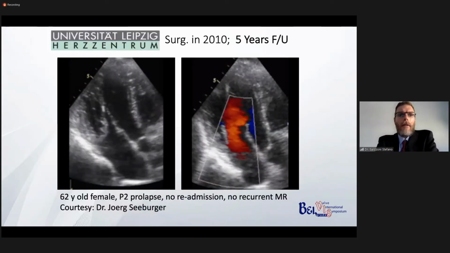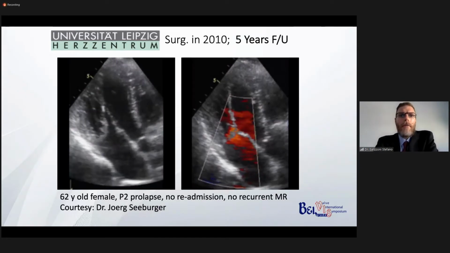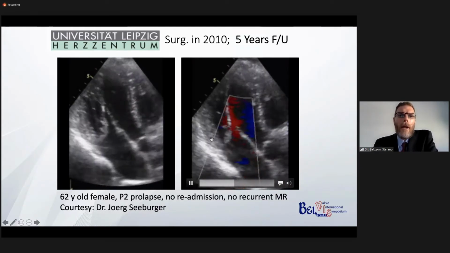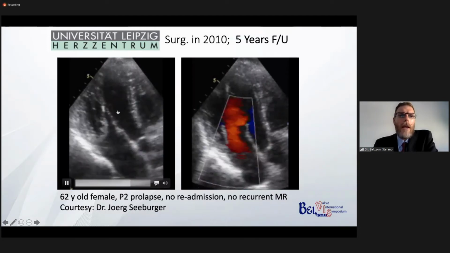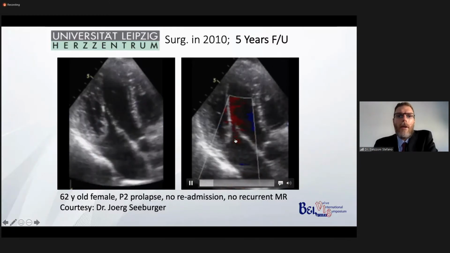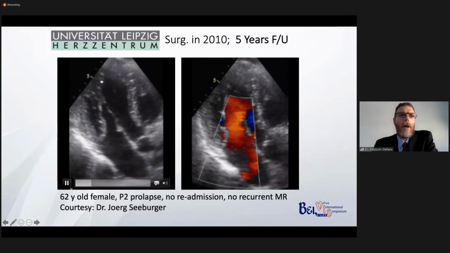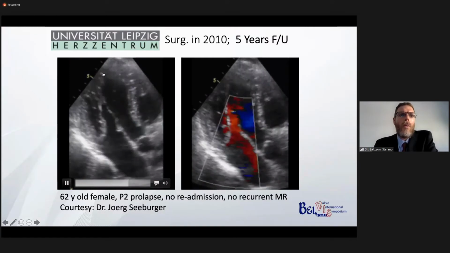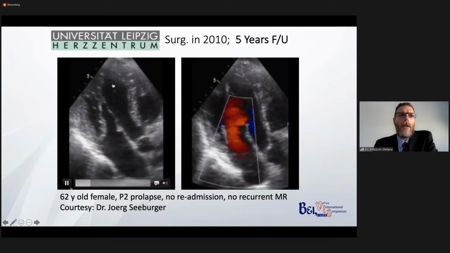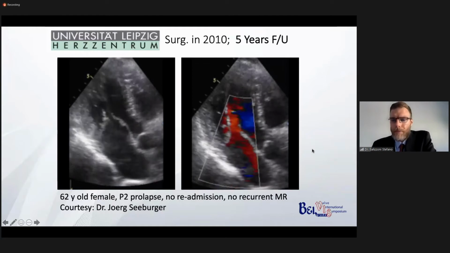And this, by courtesy of Jörg Sieberger, who made this case in 2010, and this was the follow-up in 2016. And you see, there was no recurrence, just a tiny mitral regurgitation. You can clearly see the neocords here that come from the posterolateral wall and not from the apex. Okay, this is very important for the good result.